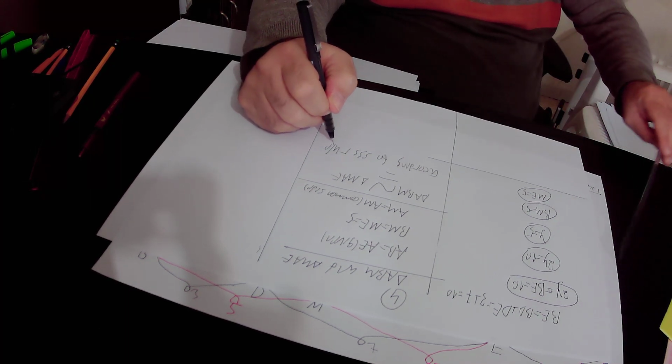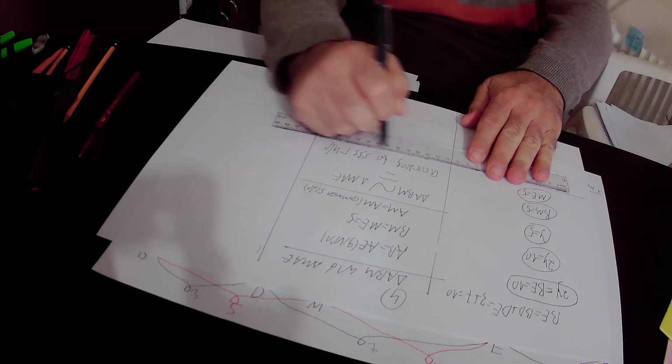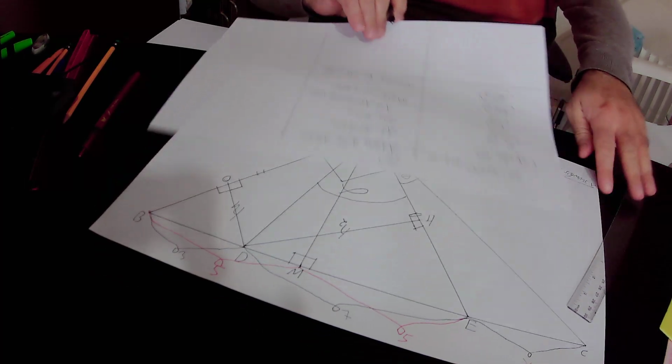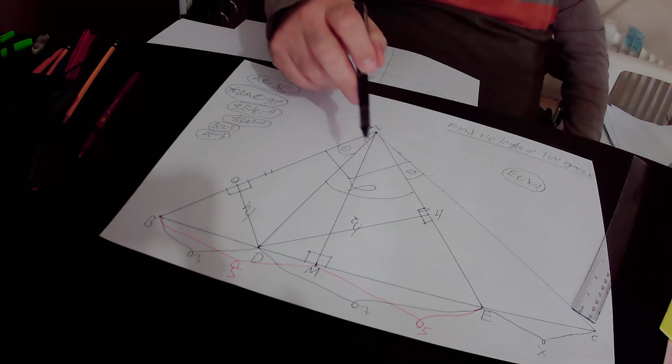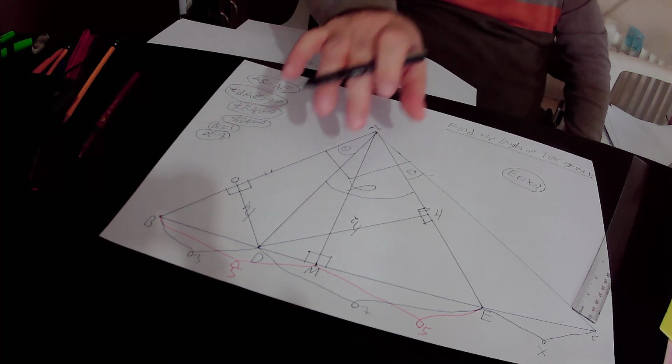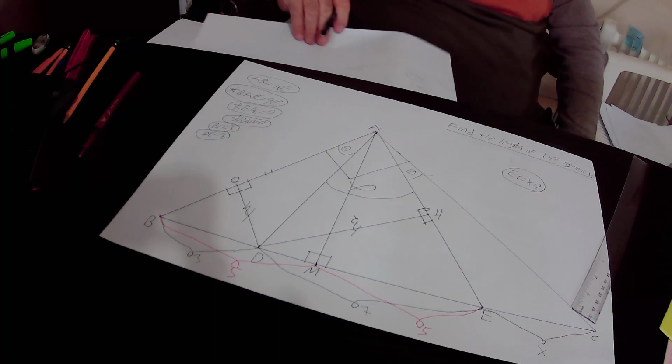Okay? We actually proved that all the sides of triangle ABM can go into all the sides of triangle AME, therefore we proved that those two triangles can go into each other according to side rule.